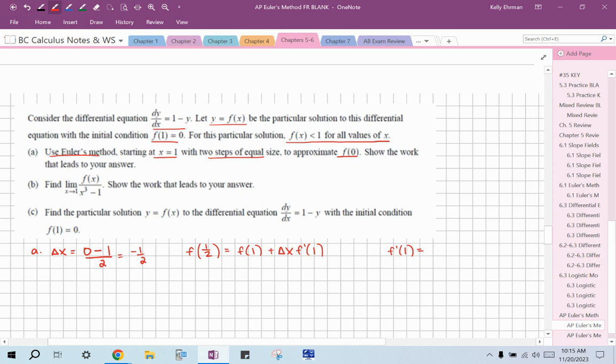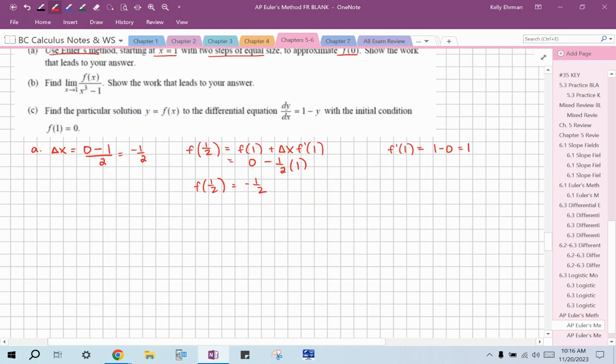Y is 0 when x is 1, so dy dx is 1 minus 0, which is 1. F of 1 is 0 plus, no, not plus, minus 1/2 times 1, so f of 1/2 is negative 1/2.